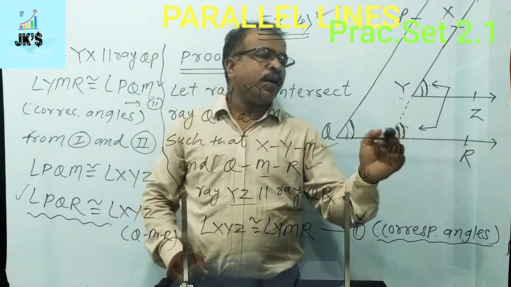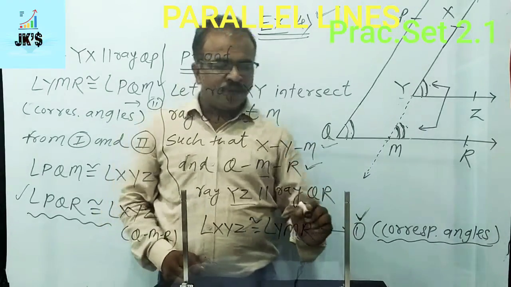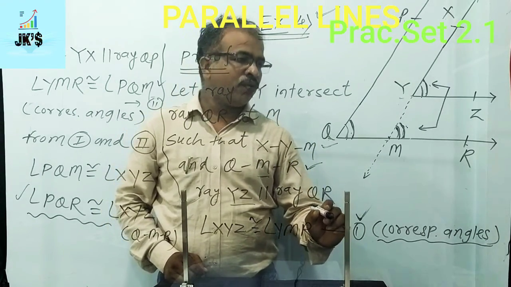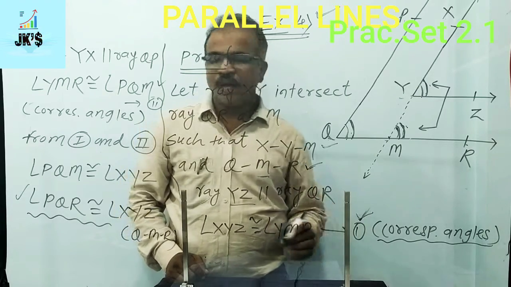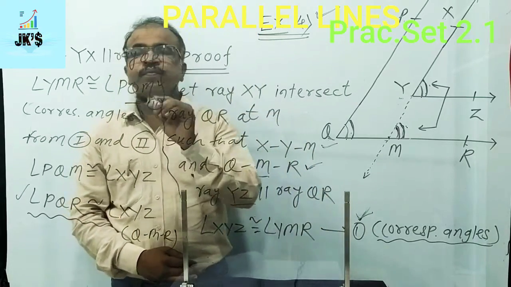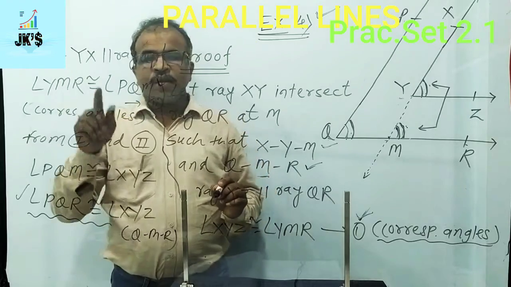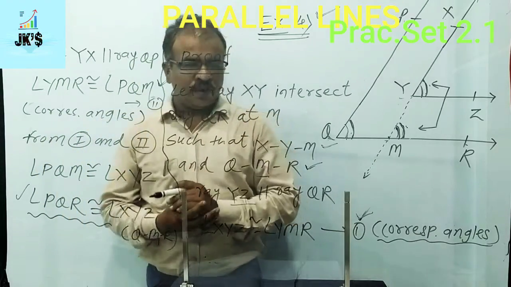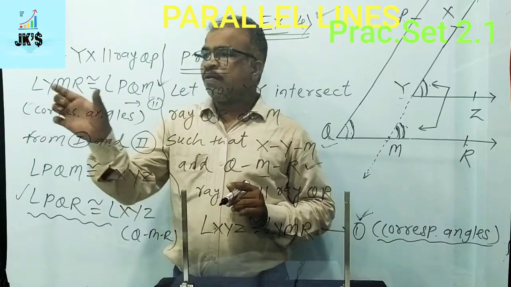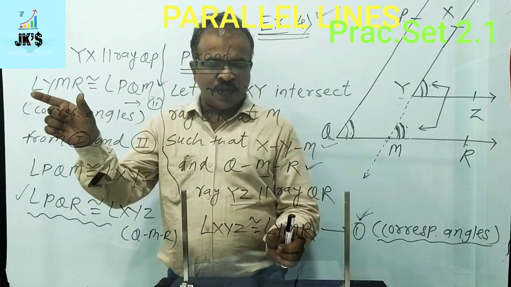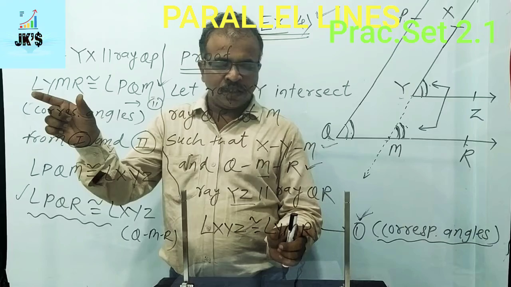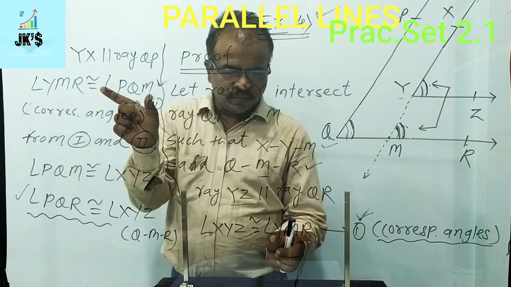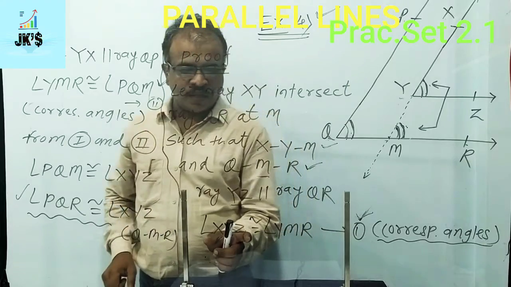PQM is congruent to YMR. In the first, XYZ is congruent to YMR, and in the second, YMR is congruent to PQM. Here this same YMR is congruent to PQM and also congruent to XYZ.